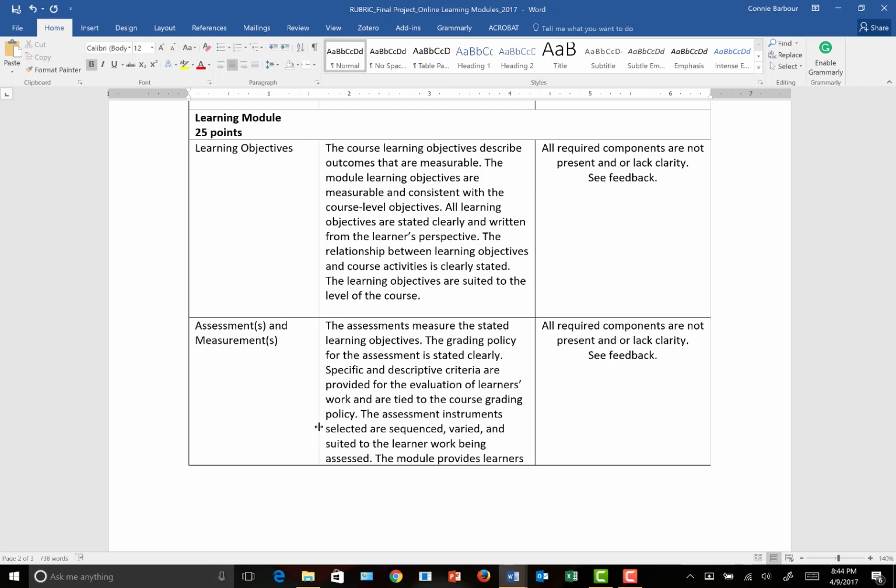You've already written learning objectives. Like I said, make sure that they're measurable, geared towards the learner, clearly stated, suited to the activities that you want the student to learn. The same with the assessments, whatever your assessments are. Again, if you have rubrics, great, but I'm not going to be grading the rubric itself.